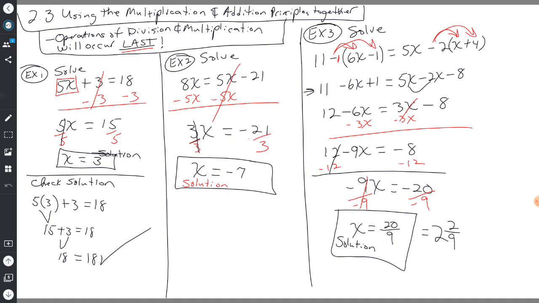So any questions on anything from this section? One thing to just keep in mind is that if you have to divide or multiply, what is the case where we will have to multiply to solve?